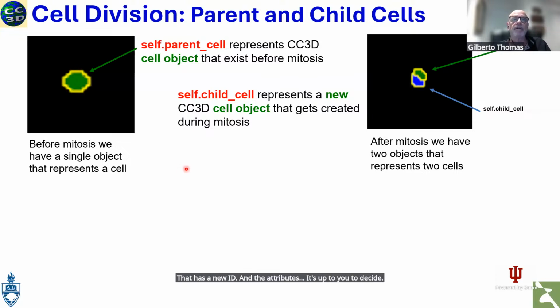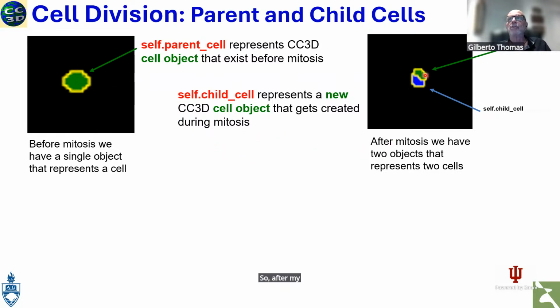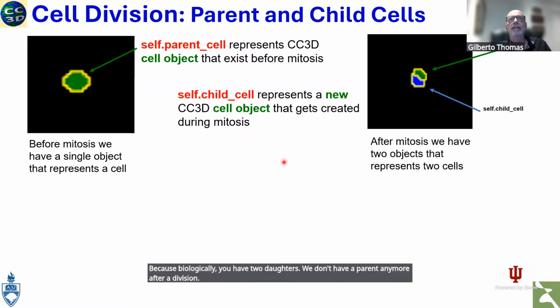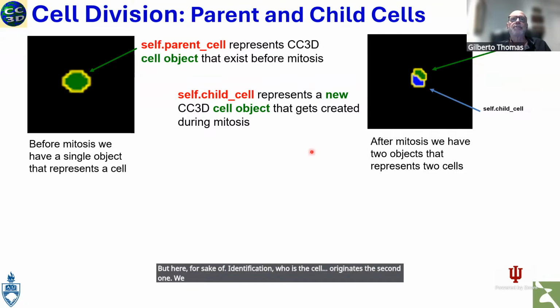You can clone the cell if it's the same, and you can put some other attributes. So after mitosis, you have two cells, parent and child. We keep these names after the mitosis because biologically you have two daughters. We don't have a parent anymore after a division. But here, for the sake of identification, who is the cell that originates the second one, we keep the name parent for it. Okay?